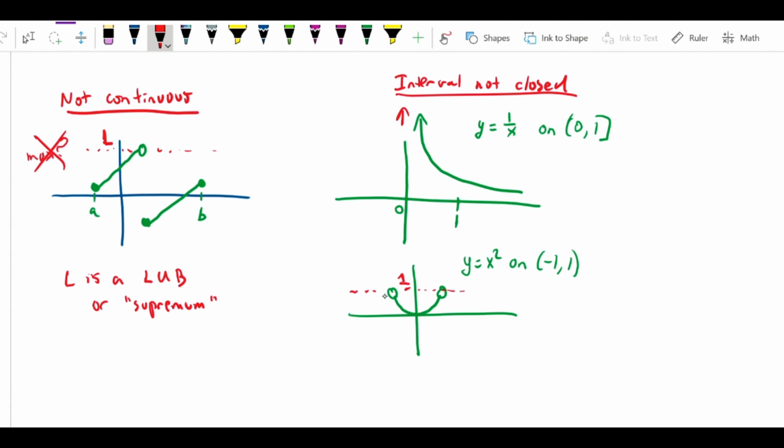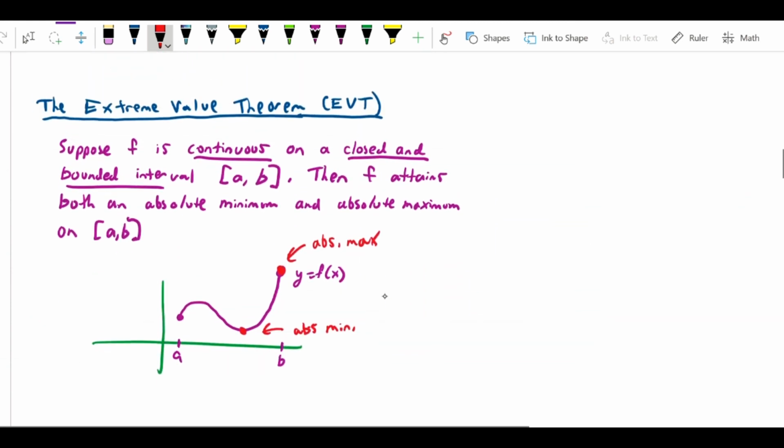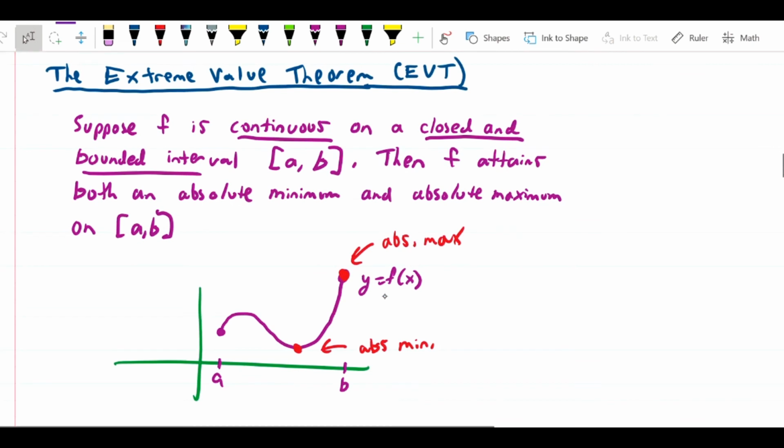So by allowing the interval to be open or allowing the function to be not continuous, we leave open the possibility that the function never actually attains a maximum or a minimum or fails to attain both of them. So that's the significance of this theorem. It says that as long as we limit the function to being continuous, and on a closed and bounded interval, then f is guaranteed to attain both an absolute maximum and an absolute minimum on AB.